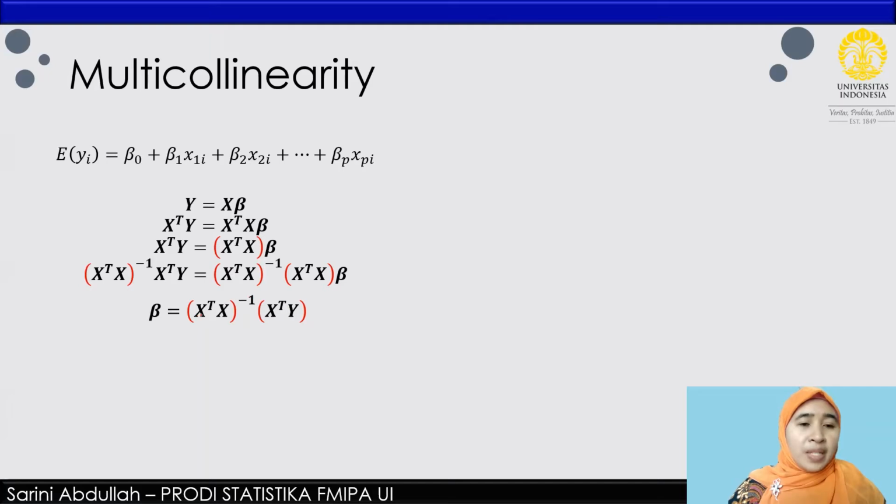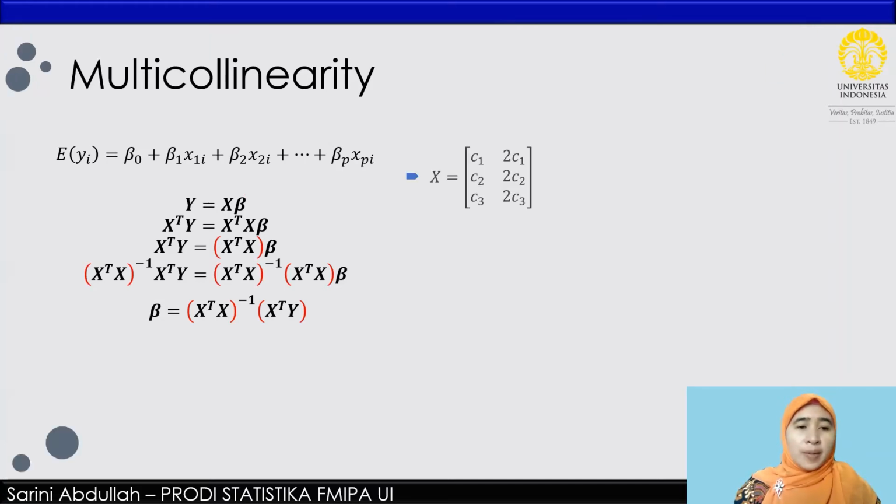Now, from this equation, let's see what happens to the estimated value of beta when we have multicollinearity in our model.